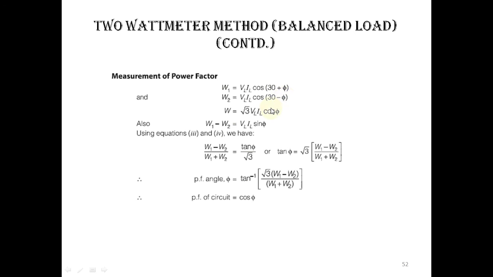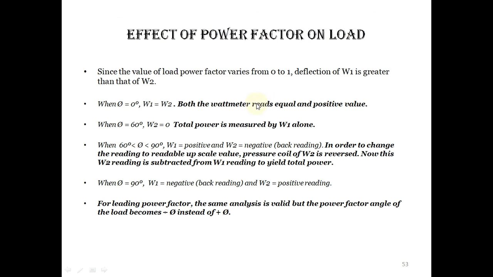Cos minus 30 equals cos 30, so it would read some value, but the other reads cos 90. Cos 90 is how much? 0. So one wattmeter reads 0, and the other reads the whole value.